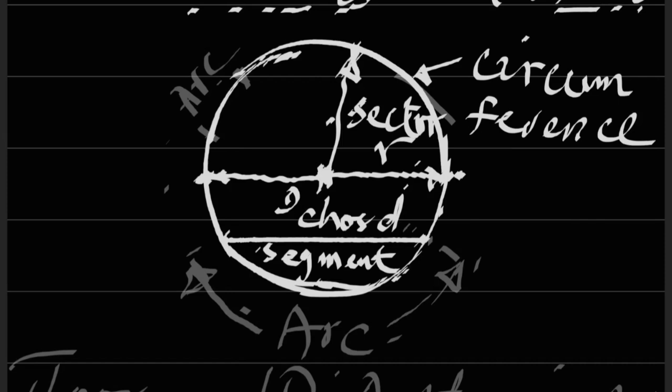That is to say, when you have a chord, that is this very line, and then this portion of the circumference, that is from here down to this very point here. From here to here is the portion of the circumference. So any portion of the circumference of a circle is called the arc.